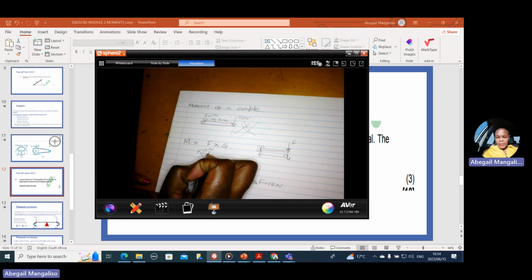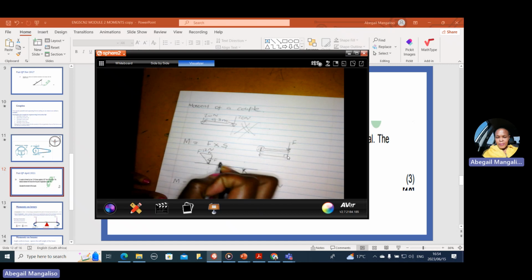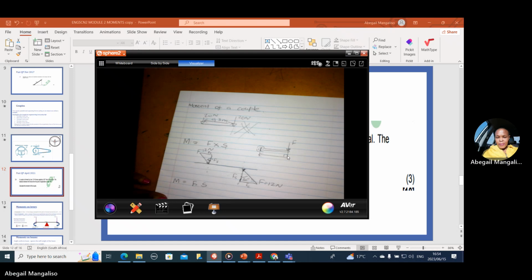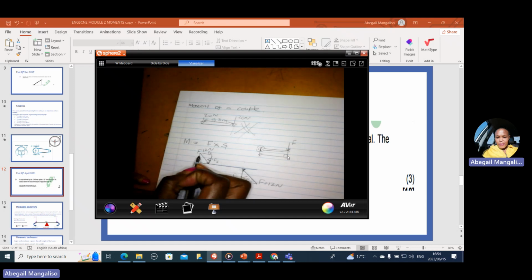This is FC and this is FS. FC is the opposite side, so it's going to take sine: opposite over hypotenuse.